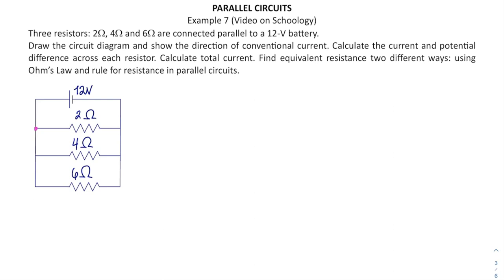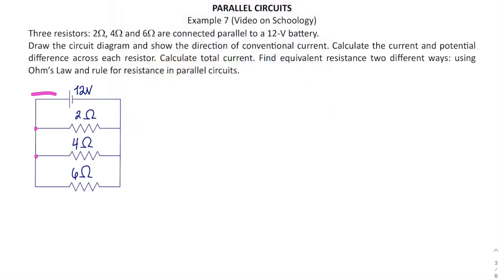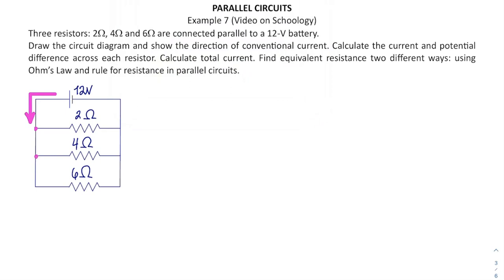So over here on the left, I'm going to start with a fat line showing all the current going this way. And then that current splits into smaller currents right here, and it goes through this resistor.